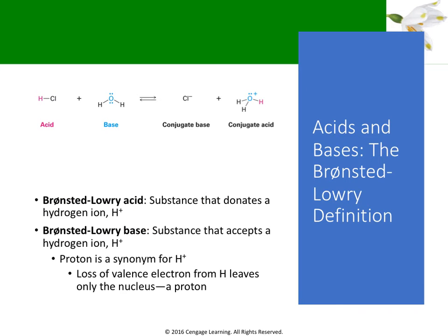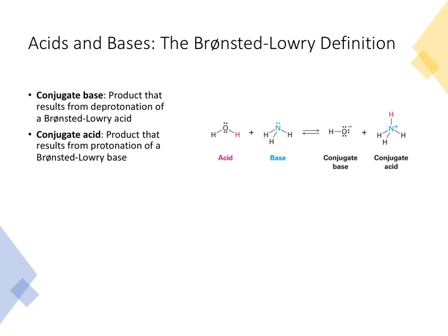Here is a specific example. So HCl, hydrochloric acid, is the acid. Here water is acting as the base. So water is going to grab the proton from HCl to form this conjugate acid, and Cl- is the conjugate base. Here we have another example. So in this case, water is the acid, and NH3 is the base.